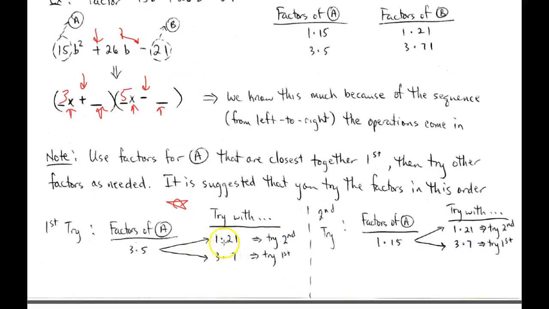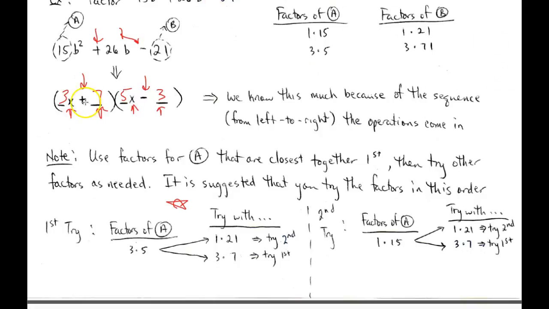And then after that, I'll try 1 times 21 and see what that gives me, okay? So if I do 3 times 7, of course, I want the number in the middle to be positive. That means the bigger number is going to have to be next to the plus sign. So I would do this, and I'll try that out to see if it works, okay?